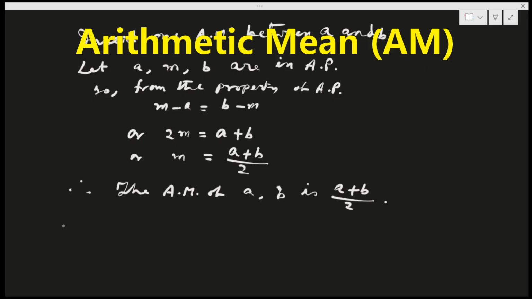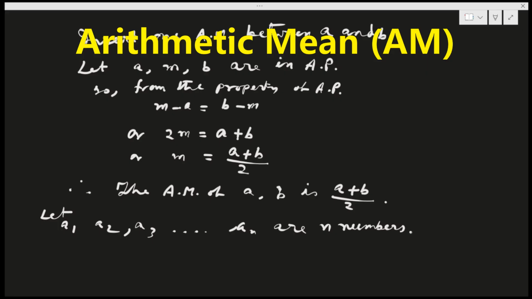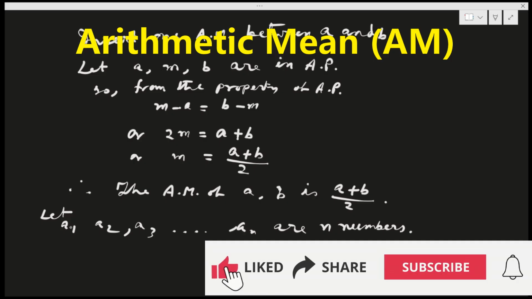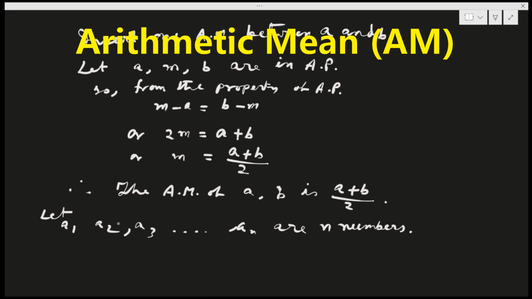Now consider the numbers A1, A2, A3 and so on, AN. Then except A1 and AN, that means the first term and last term, all numbers are called middle terms, and if they are in AP, all of them are arithmetic means.